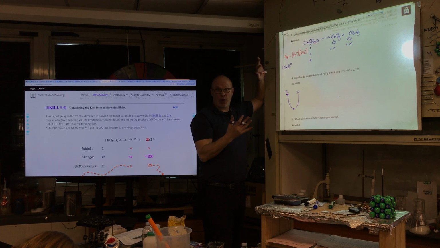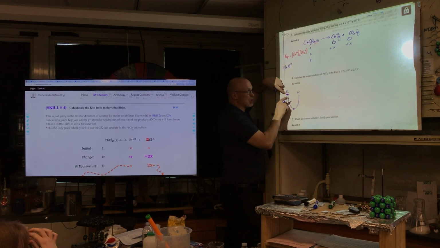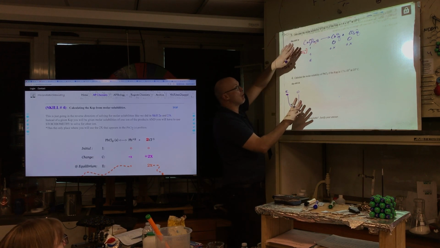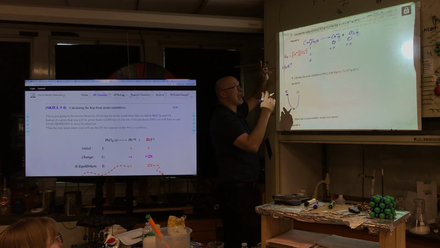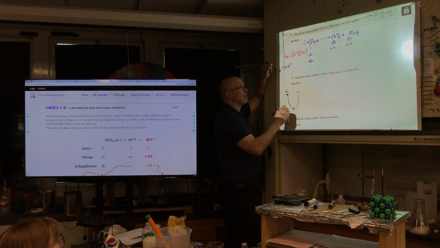Now, why are these both the same X? Because it's a 1-to-1. I know it's silly, you see it already, but I'm doing this for people that don't see it. Initially I have nothing because I'm starting with 100% reactants. It's going to go forward something. So this guy would be minus, and these are positive X. Now I'm going to add them to the 0 because this is the change. What's at equilibrium?